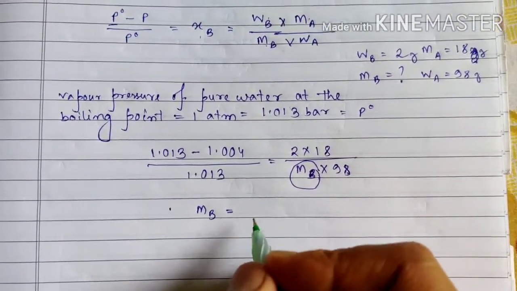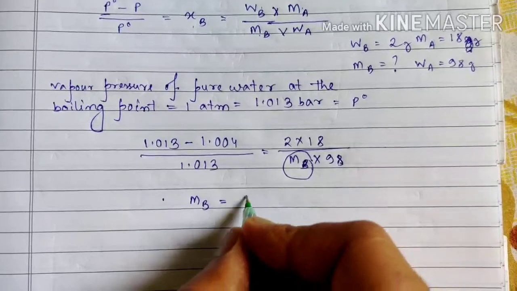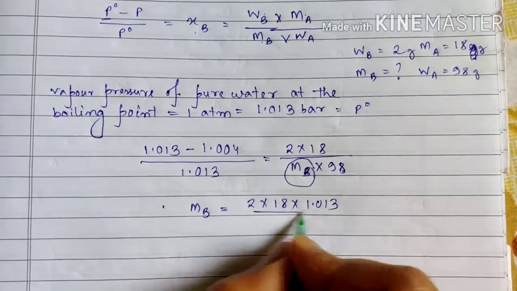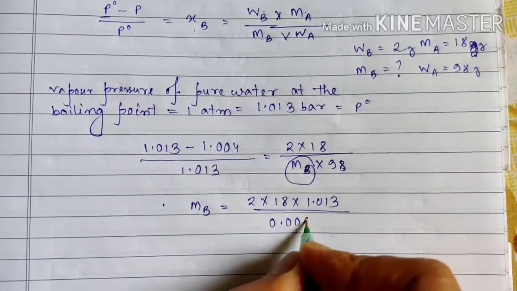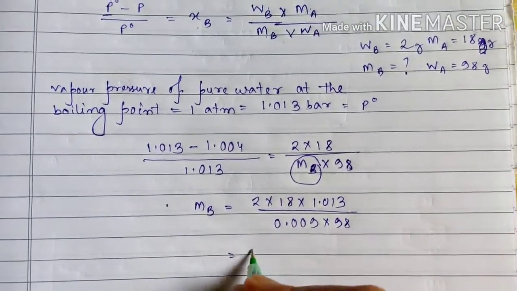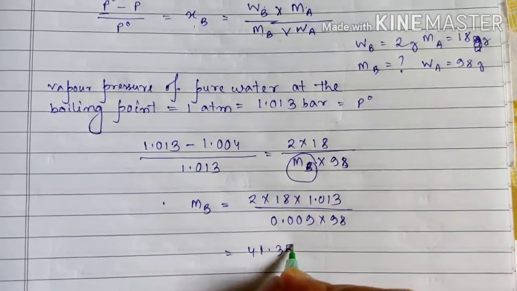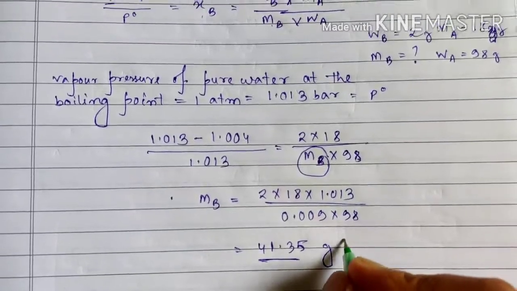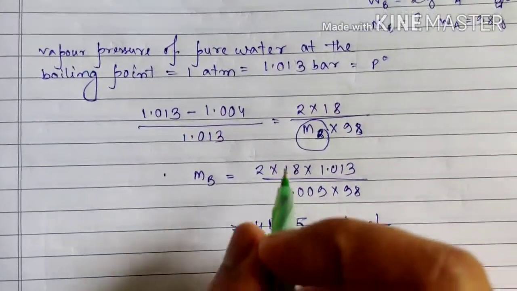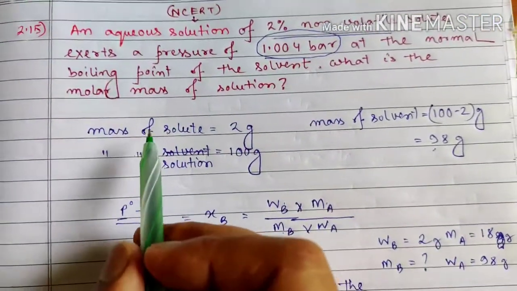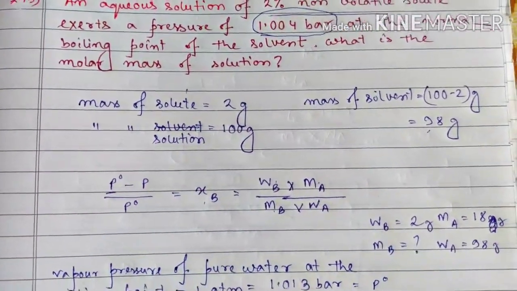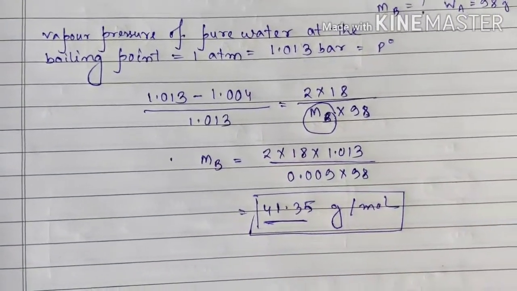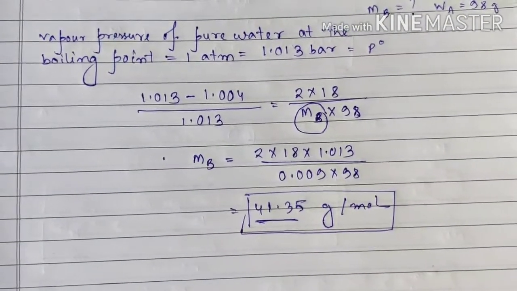On calculation, I have calculated it separately. It should be 2 into 18 into 1.013 divided by 0.009 into 98, which is 41.35. I have calculated this one separately, and obviously the unit will be gram per mole. The original question was what is the molar mass of the solute. So here we are getting that this is the molar mass. So this is the answer of this first question.